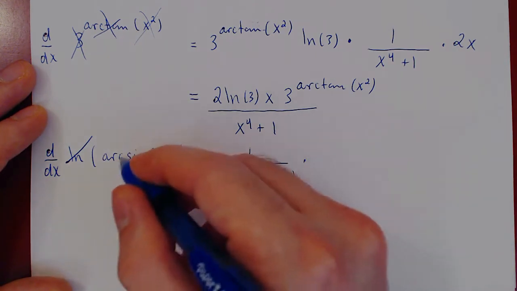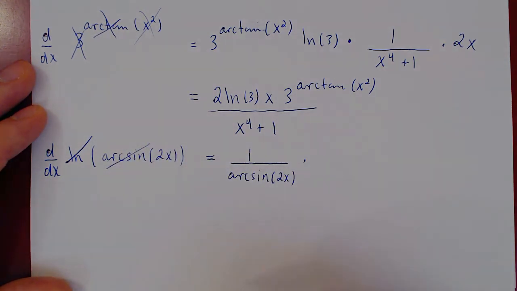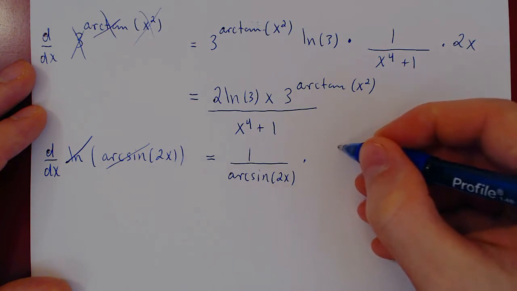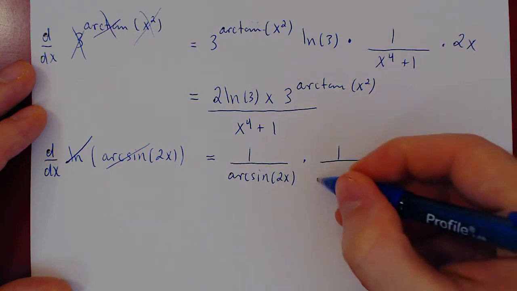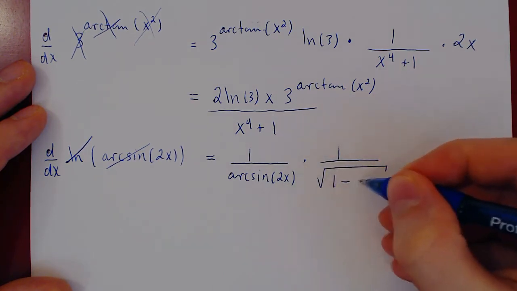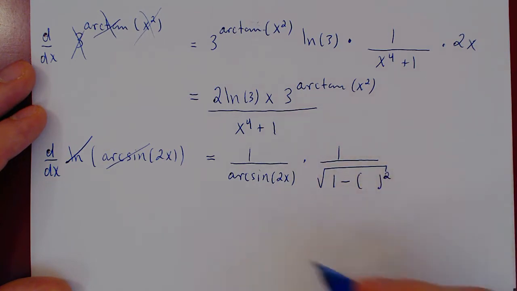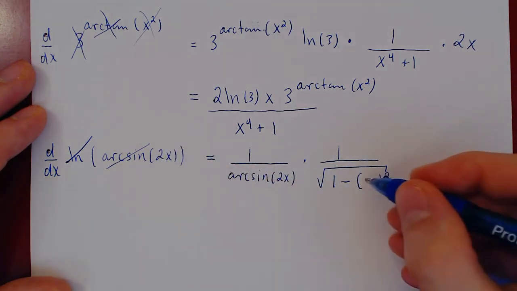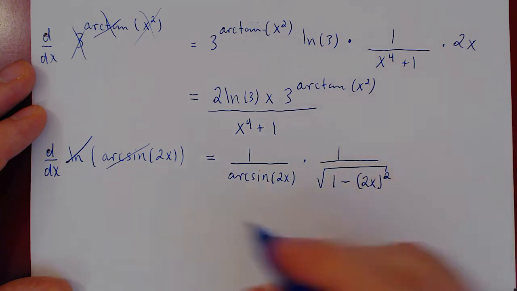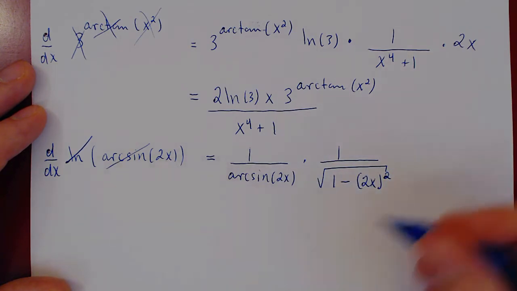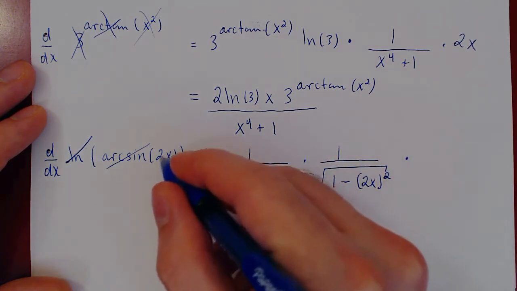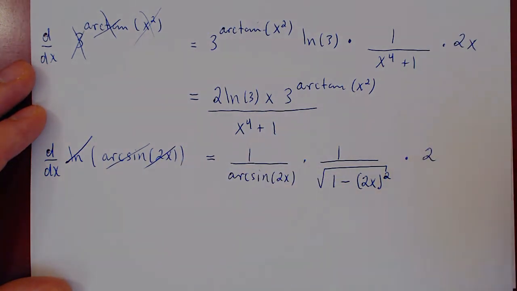The outside function is arcsine. The derivative of arcsine, if you remember, is 1 over the root of 1 minus the argument squared. And the argument here is 2x. There's still 2x left over, so times the derivative of 2x, which is simply 2.